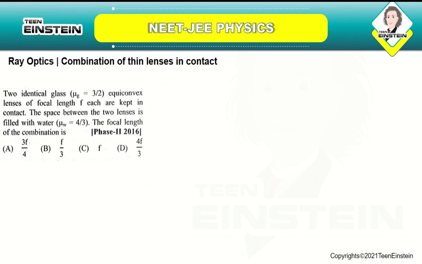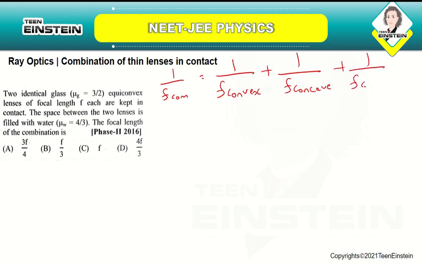So, here the focal length of the combination is given by 1 by f combination is equal to 1 by f convex plus 1 by f concave plus 1 by f convex. Okay. So, because you are having two identical glass equiconvex lenses, you are placing them, and in between you are having water. So, that is why this is 1 by f concave.